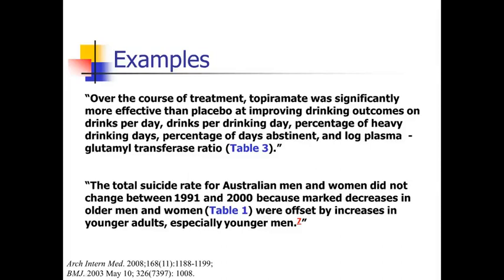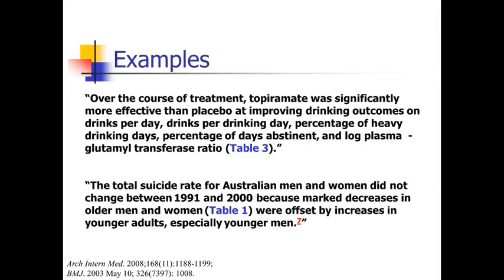This is a high-level summary because it's hard for the reader to go through all those numbers and figure out what's going on, but the author is saying there's no change over time overall, but if you look at the subsets, there's a decrease in one group and an increase in another group. So they're giving you the overall trends without any details on the numbers. That's the way the results section is supposed to read. Notice it's not very lengthy. You want to keep it pretty succinct.